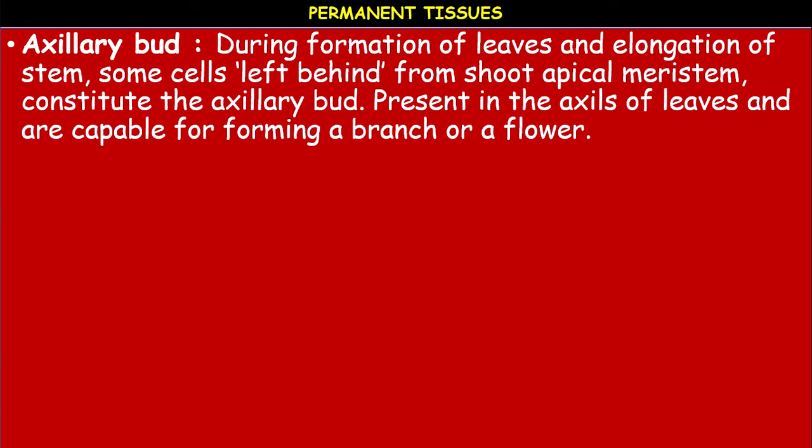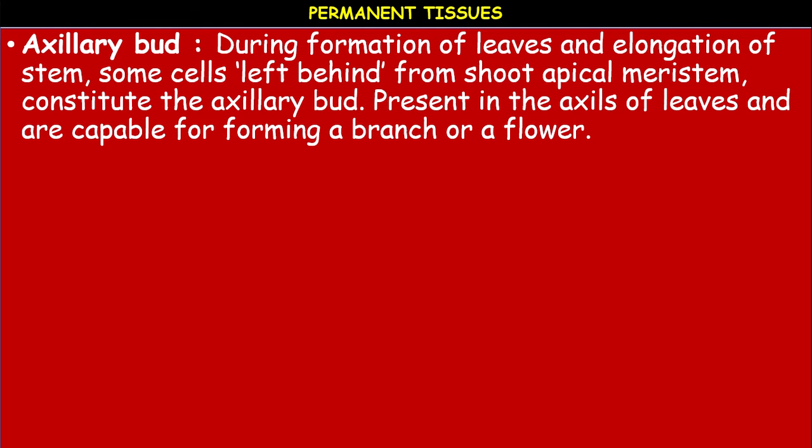And these primary meristems retain the meristematic nature throughout the plant life. Vascular cambium, interfascicular cambium and cork cambium are secondary meristems. Why? They originate as new meristems from the permanent tissues which have already undergone differentiation.